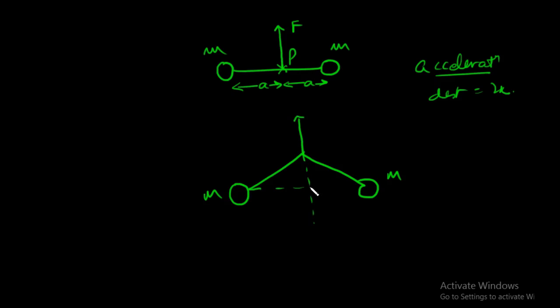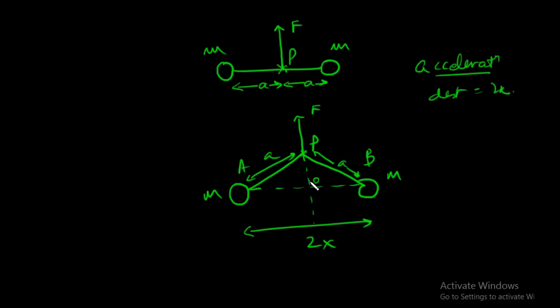Now, the whole distance is 2x over here. This was the point P. Let us say this is A, B and this is O. Now you see this will remain a because F was applied at P, which was equal from both the ends. This is also a.